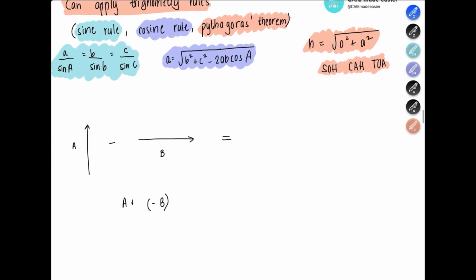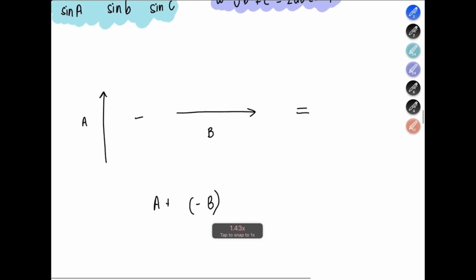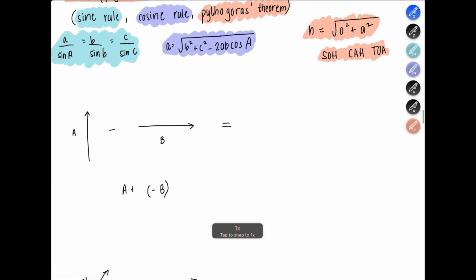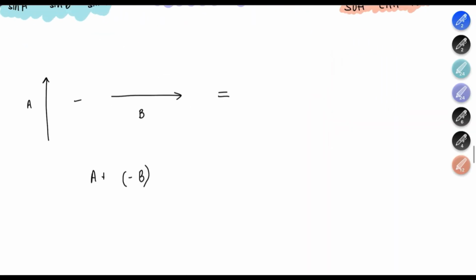Okay, now let's talk about what if you want to subtract two vectors. What do you do? If you want to subtract vector A, which is moving in y direction, from vector B, which is moving in the other direction, you have to draw a vector triangle. This is basically A plus negative B. So you will draw A the same way, like this, going upwards. That's A. But for B, since it's negative B, you will simply change the direction.